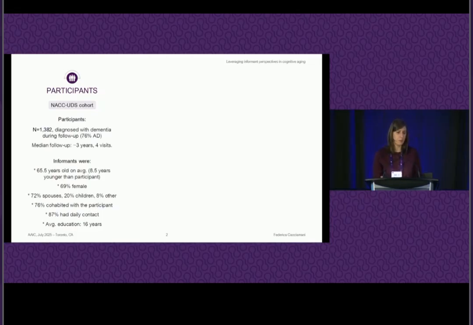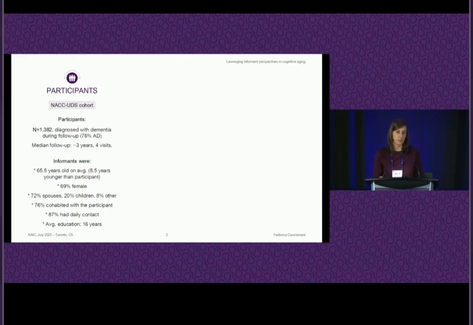The median follow-up was about 3 years, with a median number of visits of 4. And each one of these participants had one informant, which was the same one across all visits. The informants were 65.5 years old, and they had on average an 8.5-year gap with the patient. And most of them were female spouses.